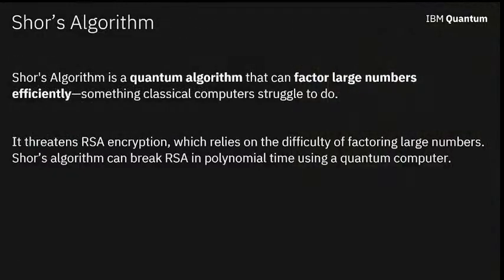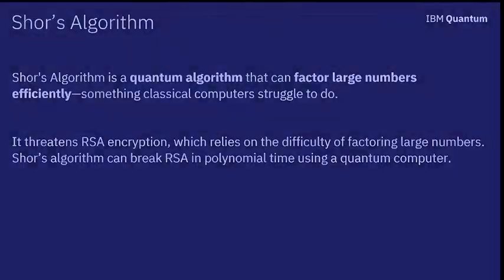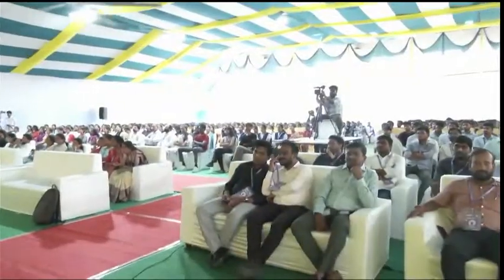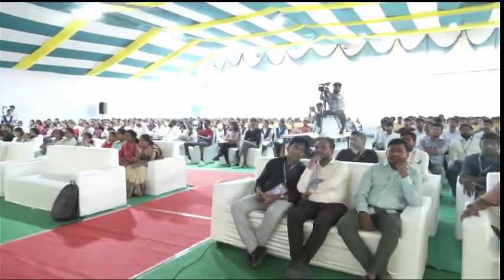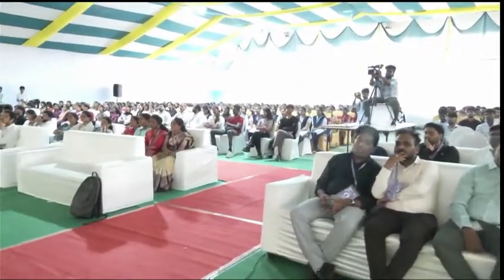Then the other one is encryption. So do you know how encryption today works? Encryption today works by taking two large prime numbers, multiplying them, and using that multiplied number as the key. Why? Because if you take a very large number and try to find its prime factors, it takes several hours.